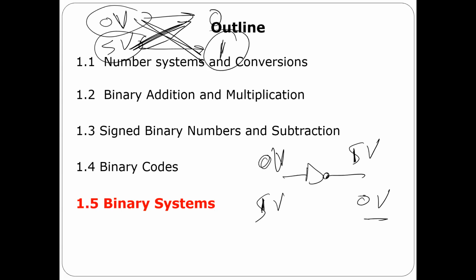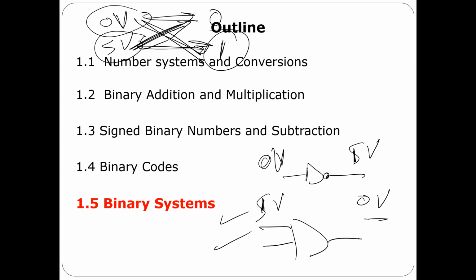What's important is the logic operation has to be done. If I have AND, regardless of what voltages you are using, it has to do the operation of AND, as I'm going to explain later. But I think most of the chips are using 0 volt for logic 0 and 5 volt for logic 1.